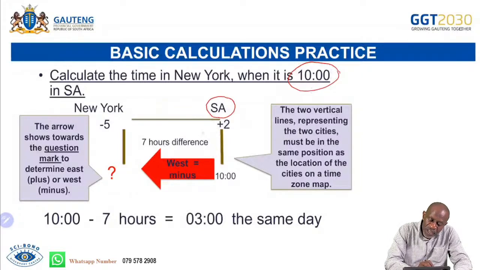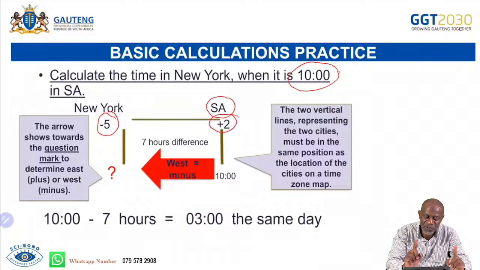So New York, after looking at the map, you establish that New York is at -5. So now you have your two lines of longitude, the +2, which represents South Africa, and the -5, which represents New York.